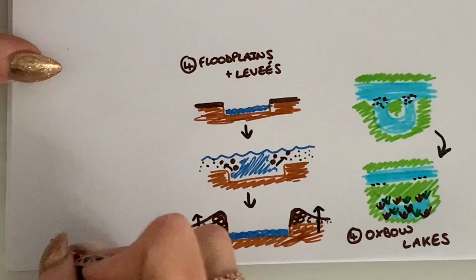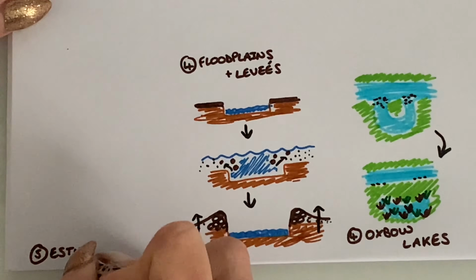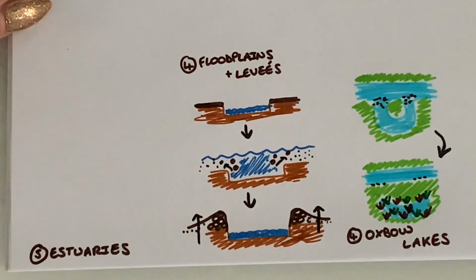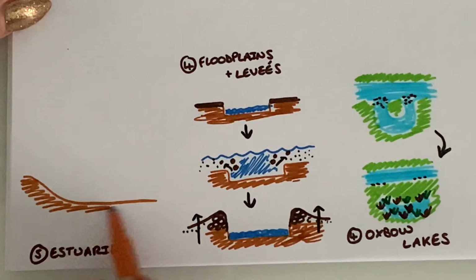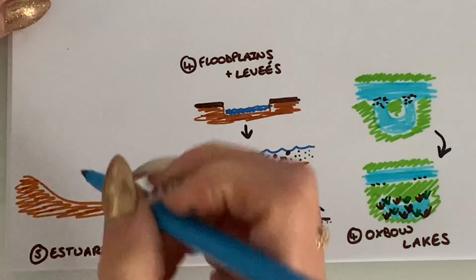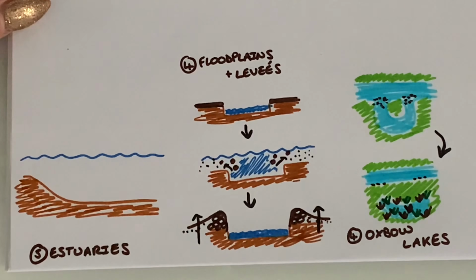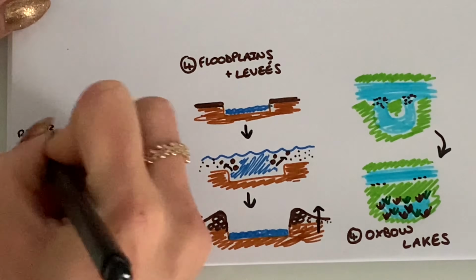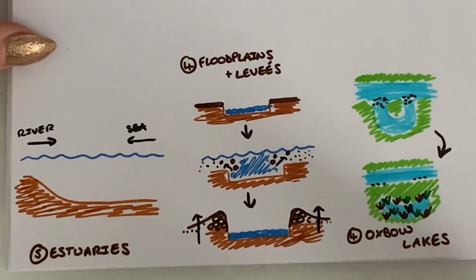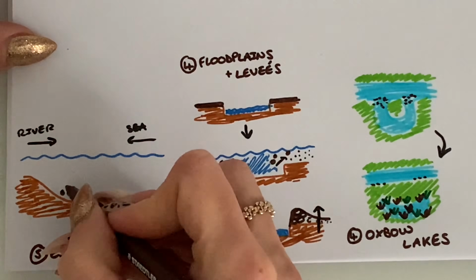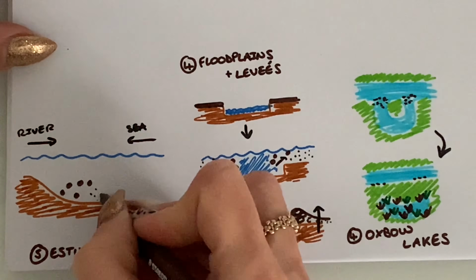Now, if we move on to our last lower course river landform, and that is an estuary. And an estuary is a body of water that opens to an ocean or another body of salt water like the sea. It is partially enclosed and fed by one or more rivers, but estuaries are formed when the fresh water of a river meets the salt water in a partially enclosed area.